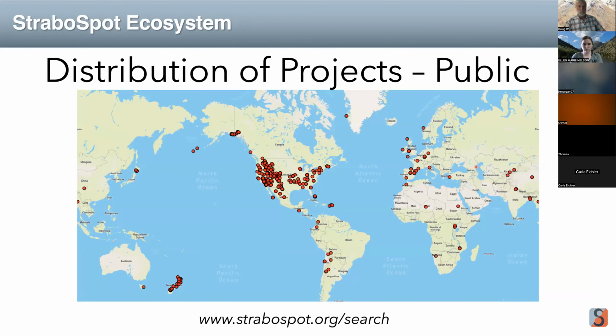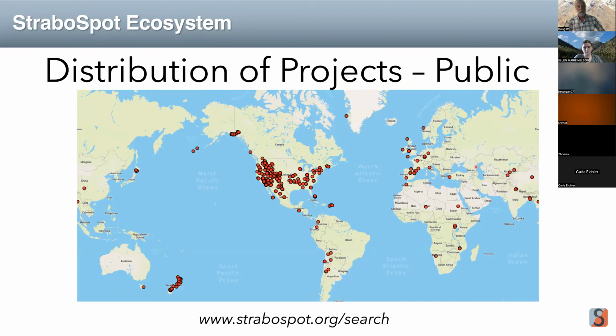Strabo projects themselves can either be public or private. So when you collect your data, you can upload it to the StraboSpot server. It's in the cloud. It's a NSF-based or NSF-funded storage facility. And StraboSpot is an NSF-funded set of projects. You can keep your data public or private.